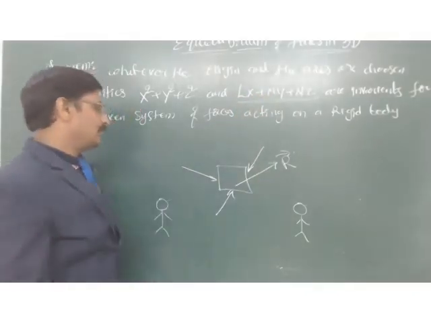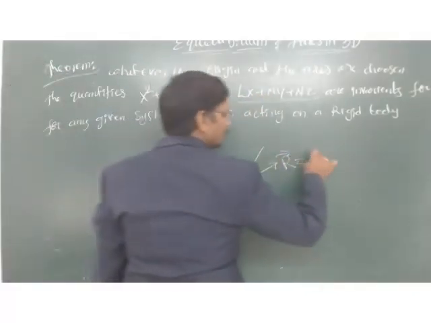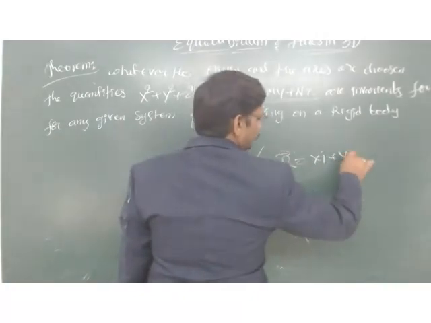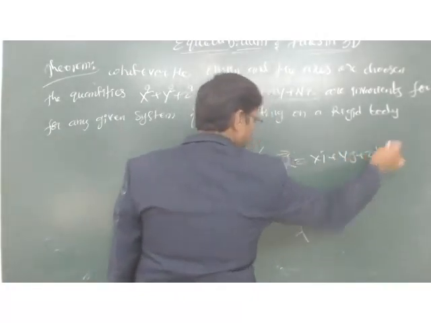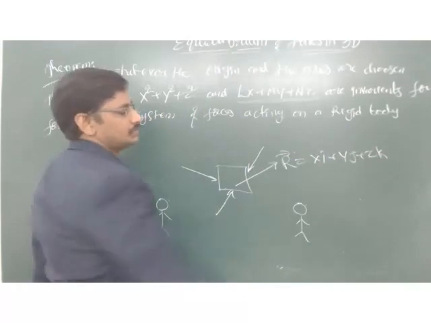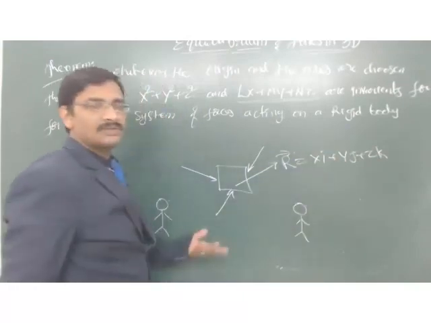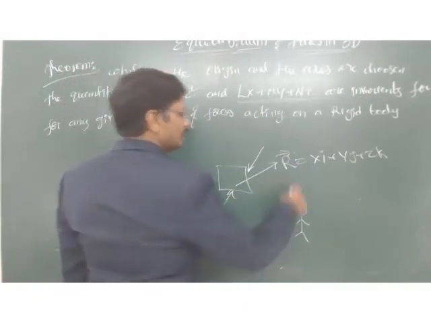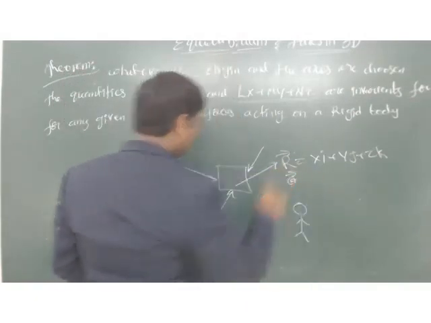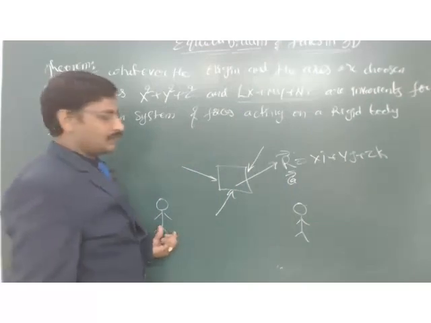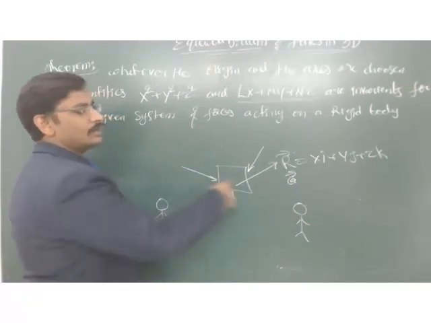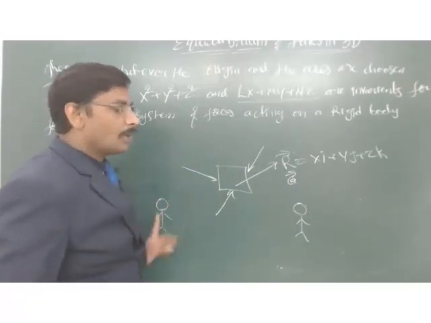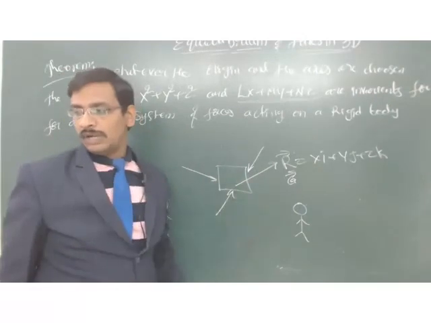Here this value is xi plus yj plus zk, and this magnitude won't change. So x square plus y square plus z square will always be a constant whether you look from here versus here. And if you look from here, there will definitely be an associated moment, and the moment value will be different depending on the way you look.